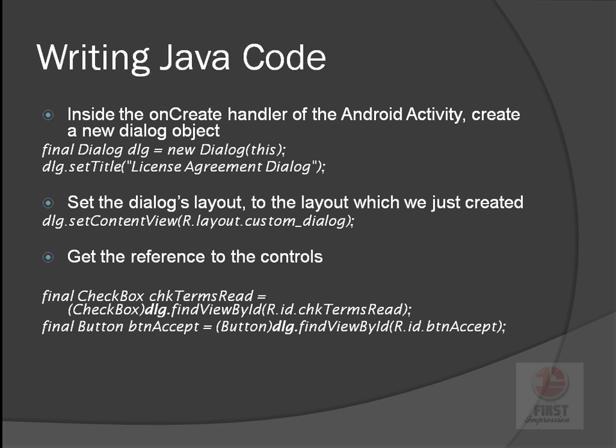Mark over here that we are not simply saying findViewById. We are saying dlg.findViewById. This indicates that the Android OS has to find the view inside the dialog box, because we have set dlg.setContentView to R.layout.custom_dialog, and inside this custom dialog we have the chk terms read and the btn accept. Then we'll get the reference of btn decline as well.